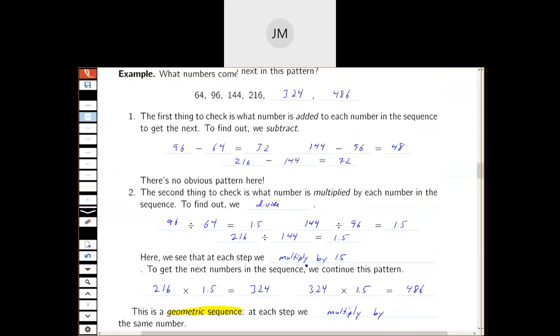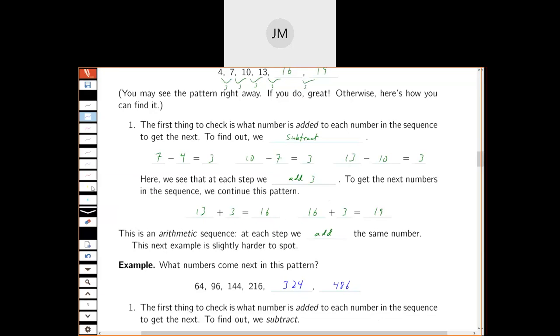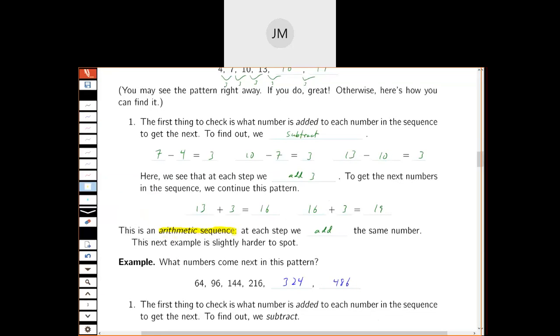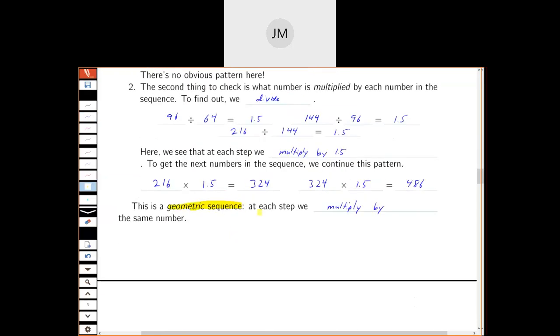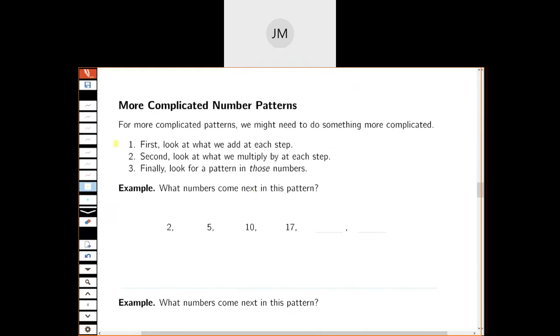So if I look at number sequences, we had an arithmetic sequence where we add the same number each time, and then a geometric sequence where we multiply the same number each time. All right, now there are other number patterns that we can come up with that aren't just multiplying or adding the exact same number each time.